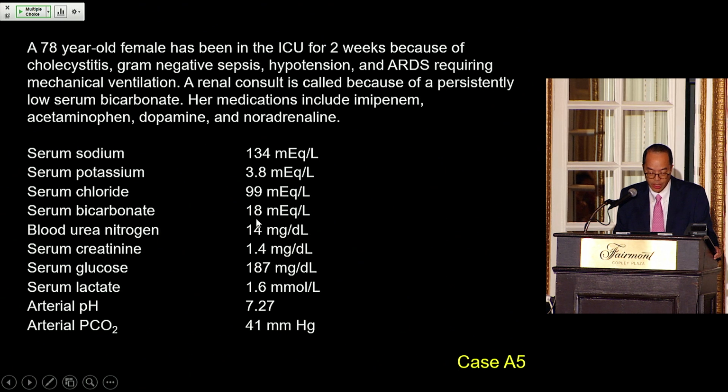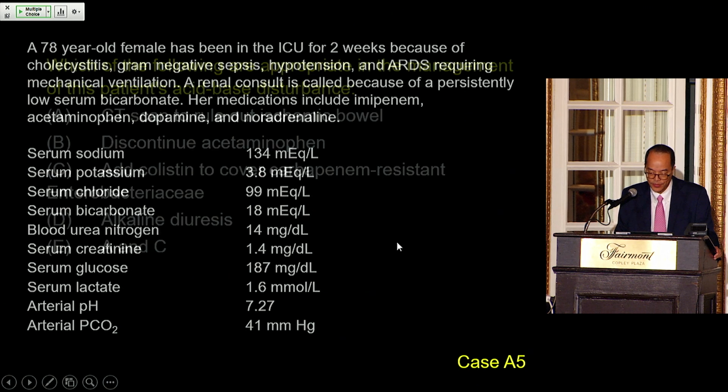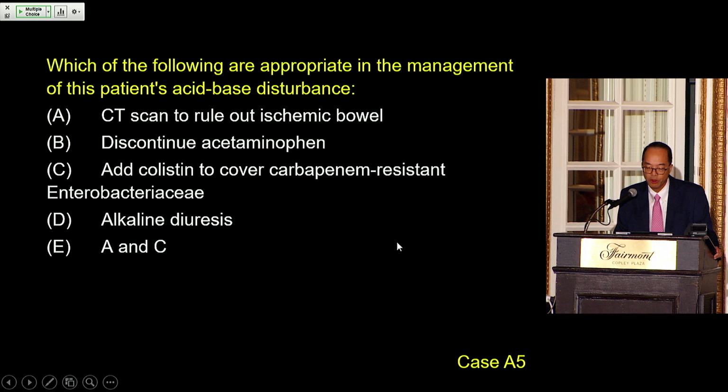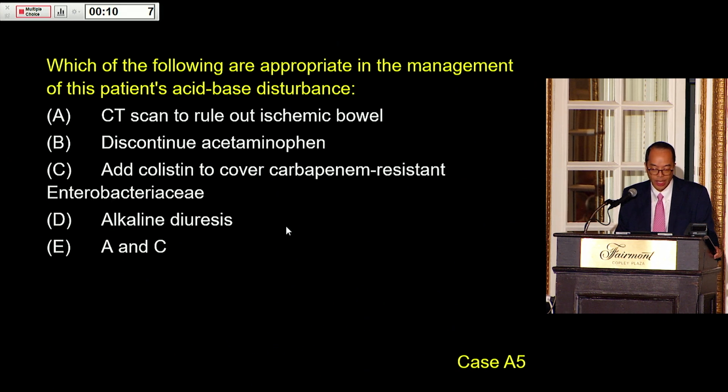Her bicarb is 18, creatinine is 1.4, lactate 1.6, pH is 7.27, PCO2 of 41. Which of the following are appropriate in the management of the patient's acid-base disturbance? CT scan to rule out ischemic bowel, discontinue acetaminophen, add colistin to cover carbapenem-resistant enterobacteria, alkaline diuresis, or A and C?